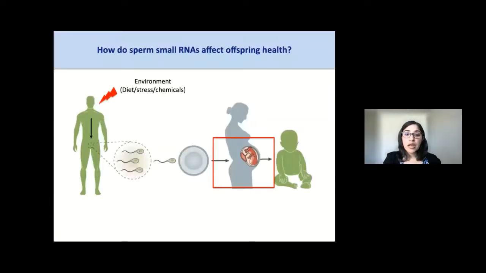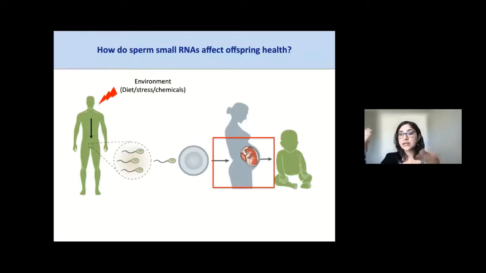So now comes the final question. We know there are small RNAs which change in low protein sperm when the mice are fed a low protein diet. They potentially come from these somatic cells. Now the question is, when sperm delivers this to the embryo at the time of fertilization, how do they result in the metabolic phenotypes we see in the offspring?